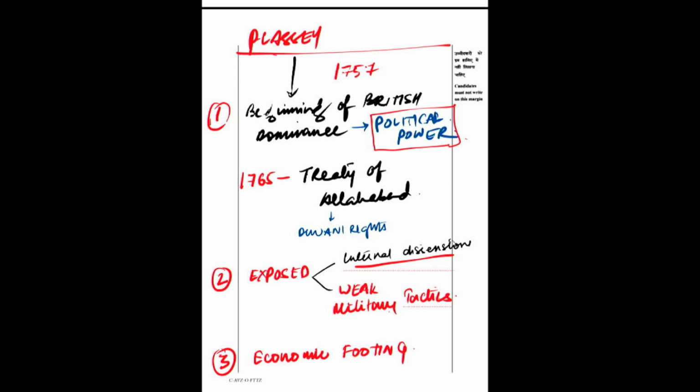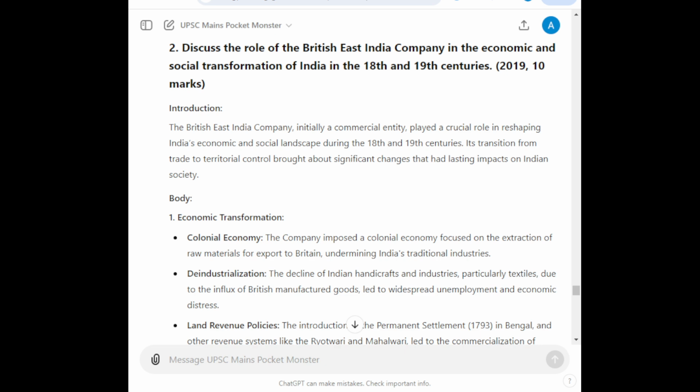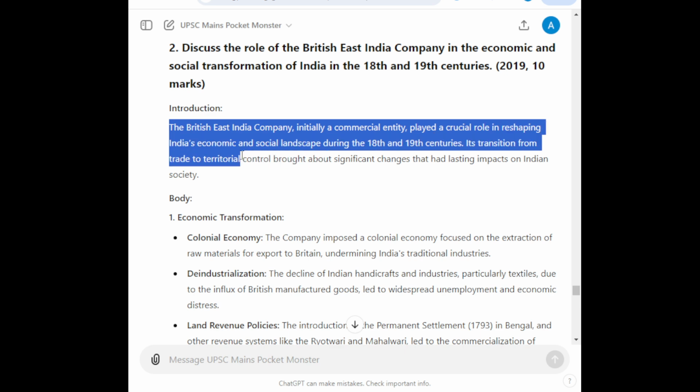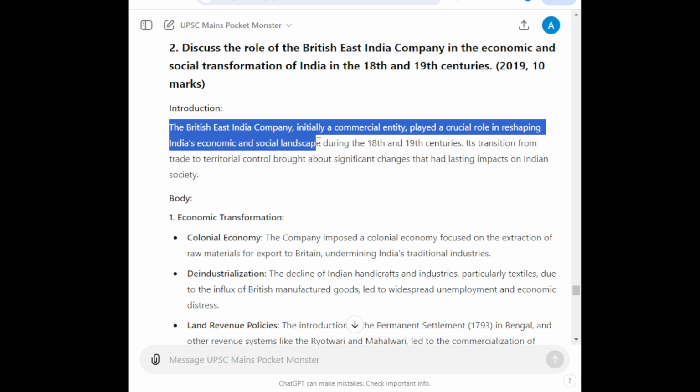We are done here. And the next question is, discuss the role of the British East India Company in the economic and social transformation of India in the 18th and 19th centuries. Alright, it's a PYQ from 2019. Introduction. The British East India Company, initially a commercial entity, played a crucial role in reshaping India's economic and social landscape during the 18th and 19th centuries.